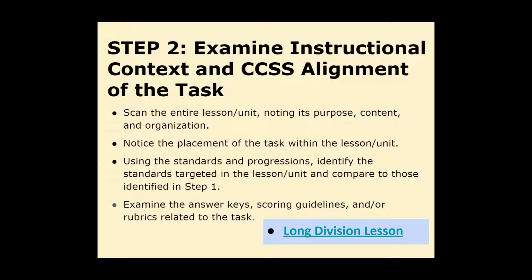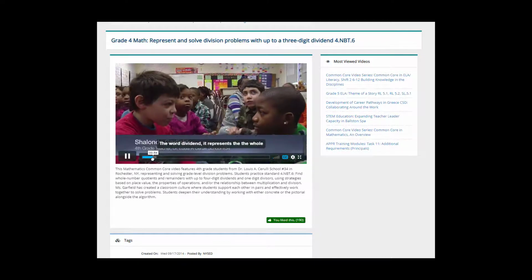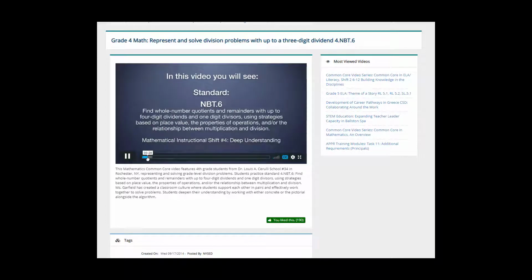She actually tells us in the video that she is going to be targeting a certain standard, and that standard, if I recall, is right here. So this is what they aimed to target, which was the 4th grade standard for Number and Operations in Base 10, 0.6.